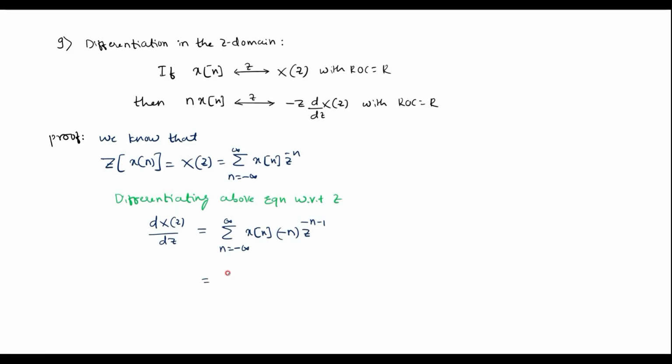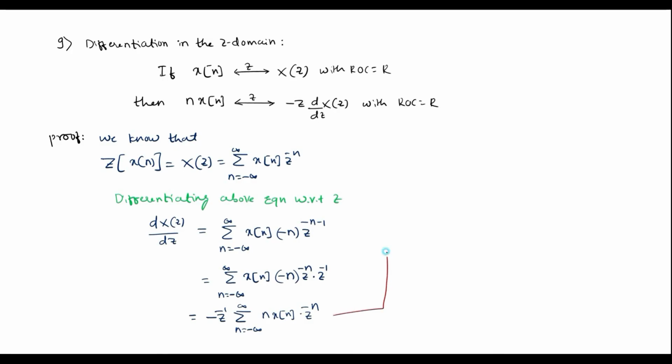So this can be further simplified as summation n equal to minus infinity to infinity x of n times minus n z power minus n dot z power minus 1. Further simplified, I'll take this minus and z inverse out of the summation, that is minus z inverse summation n equal to minus infinity to infinity, so this will be n x of n z power minus n.